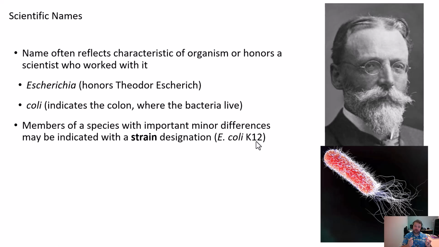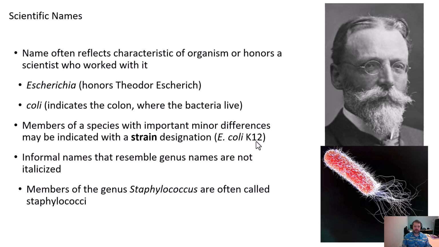Sometimes it's based on little bits of difference in their chromosome, but not enough to distinguish it as a separate species, which we can get into when we cover the species concept later. Again, informal names that resemble the genus are never italicized. That's why you'll see Staphylococcus, which is the genus, and when we write Staphylococci, we don't italicize it.